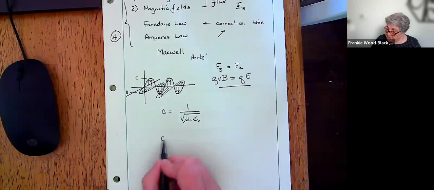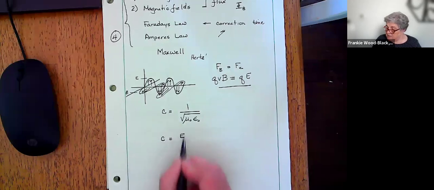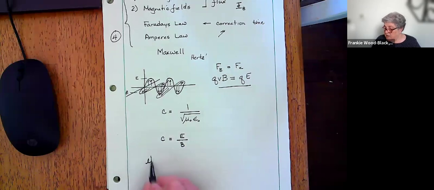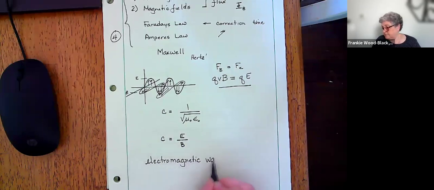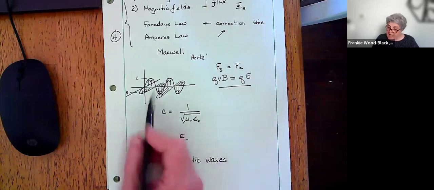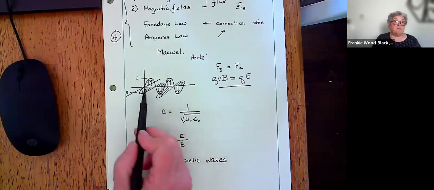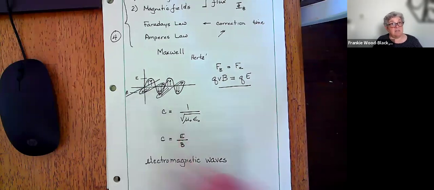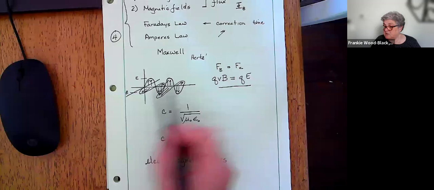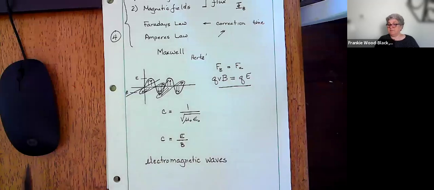Or my speed of light is E divided by B. And we can get what we call electromagnetic waves. And that behavior that we see here, you saw where it came from in dealing with AC current and my magnetism. And so I get those electromagnetic waves.